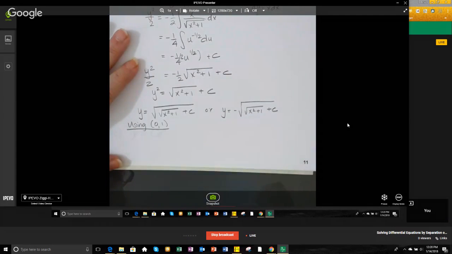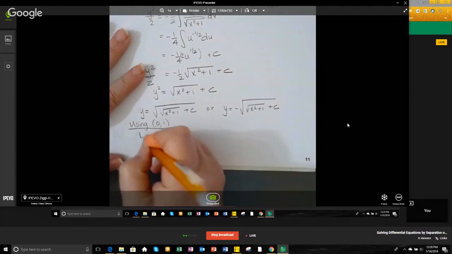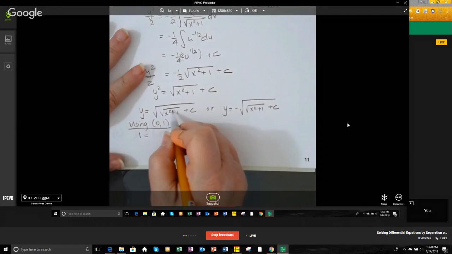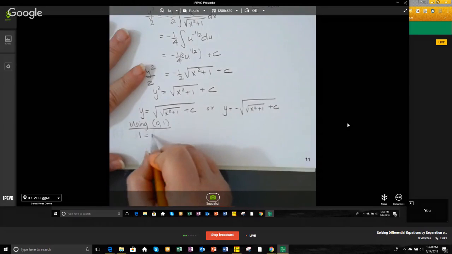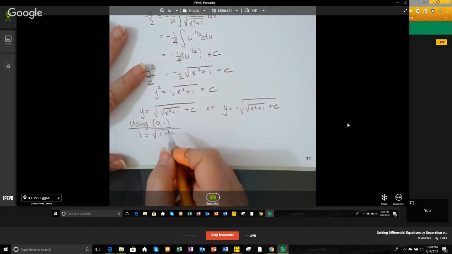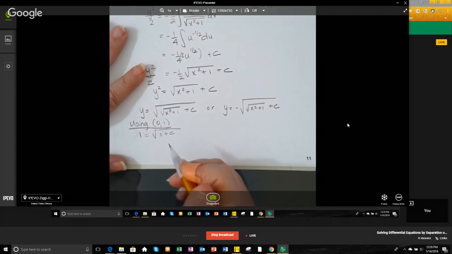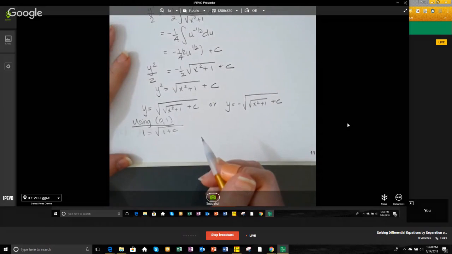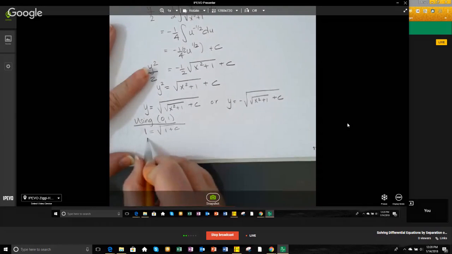So it'll be 1 equals the square root of 0 plus 1, and the square root of 0 plus 1 is 1. So this would be the square root of 1 plus c. And squaring both sides, I get 1 equals.